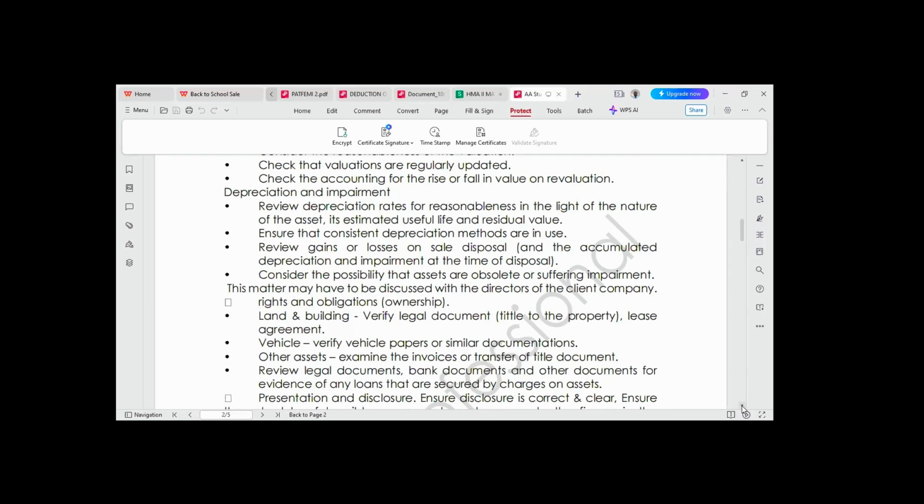now you borrow a loan from the bank. When you borrow a loan from the bank, sometimes the bank requests for what? Collateral. Collateral means document to show that you are the owner of that asset. So in case there's a default, or non-payment, they can take over the assets.